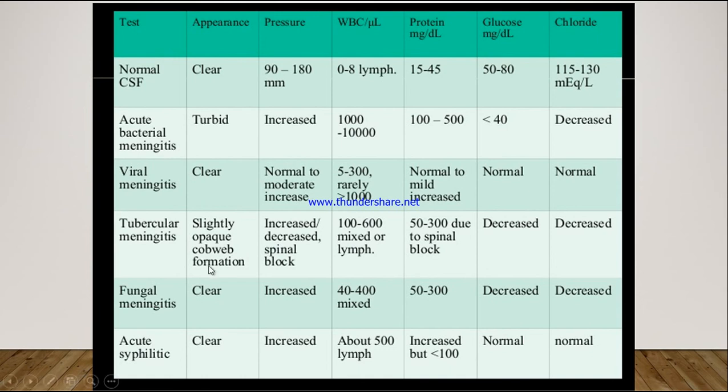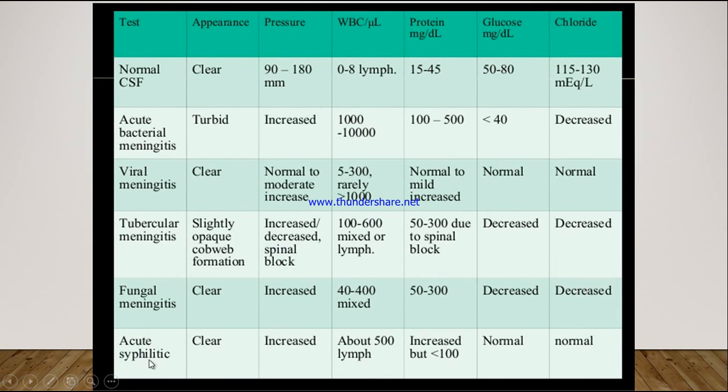Tubercular meningitis, because of tuberculosis: appearance, cobweb formation. Pressure increased or decreased. Spinal block. WBC count 100 to 600, protein 50 to 300, glucose and chloride decreased. Fungal meningitis, because of fungi: appearance is clear, pressure is increased, WBC 40 to 400 or mixed, protein 50 to 300, glucose is decreased, and chloride is decreased.